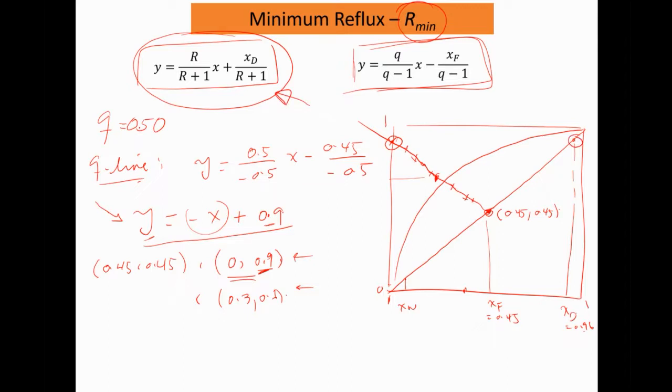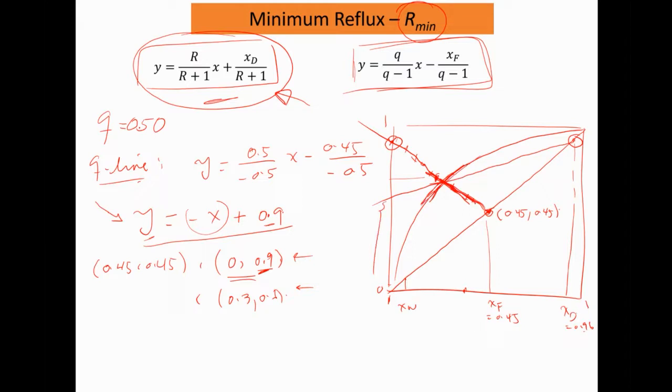Now, in order to determine R minimum, you have to draw a straight line of this operating line, as you see here. But that line must cross this equilibrium line and the q line. Okay? And in this case, it's going to be somehow like this one. It must pass through the intersection between the q line and the equilibrium line.